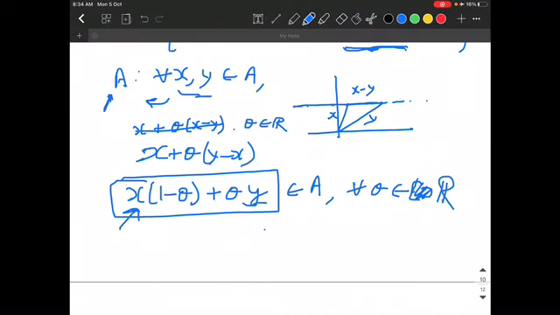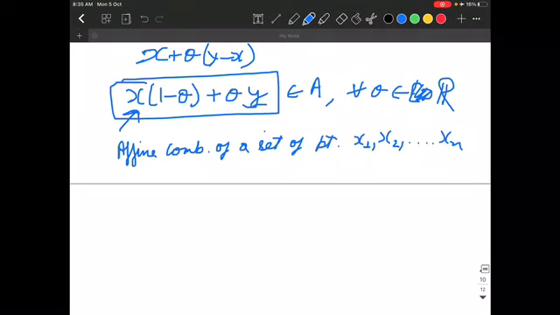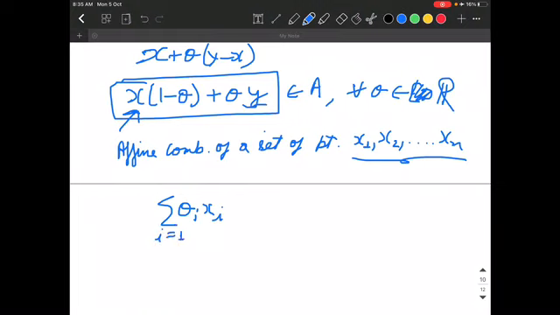In more general terms, the affine combination of a set of points x1, x2 to xn is given as the sum of theta i times x i, from 1 to n, such that the sum of theta i is equal to 1.